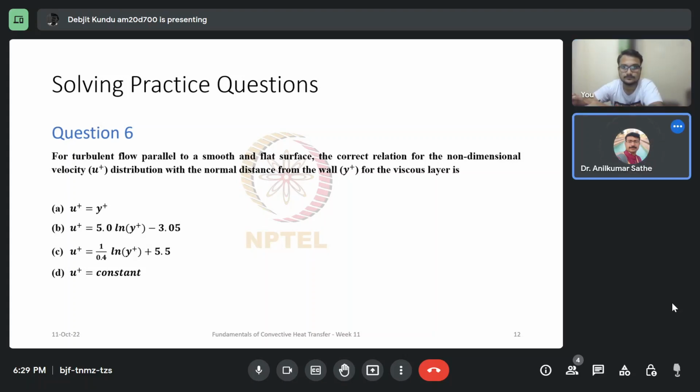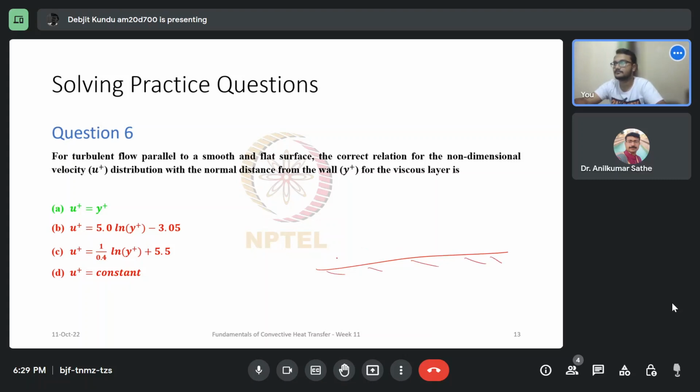Option A. And it is indeed the correct answer. So let's say we have this flat plate and we have a flow coming in and a boundary layer forming over it. Let's focus on the turbulent region only, so I'm zooming in.